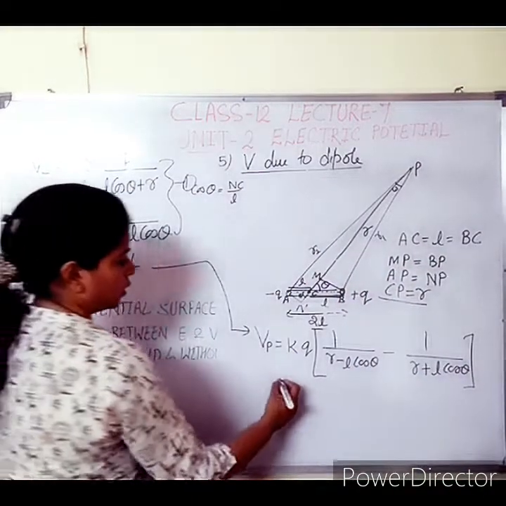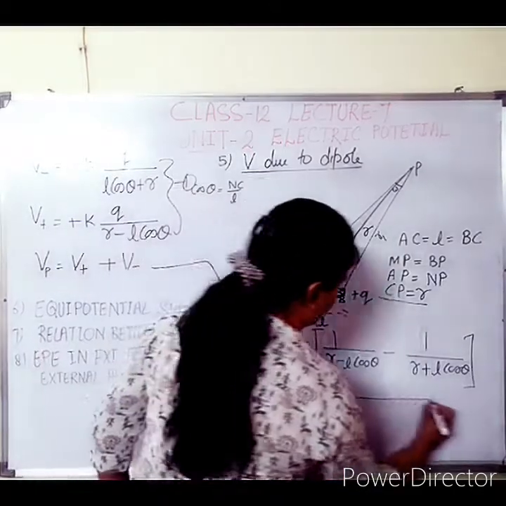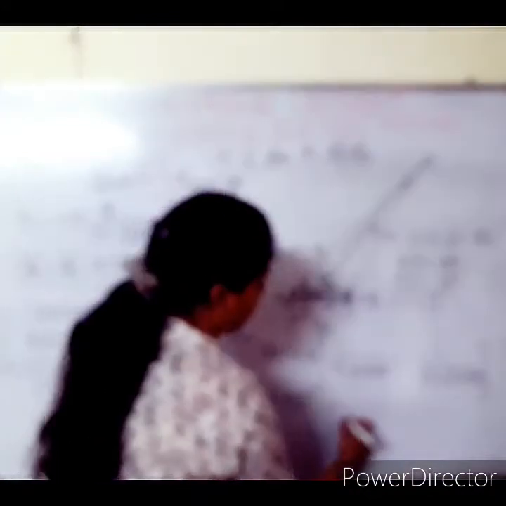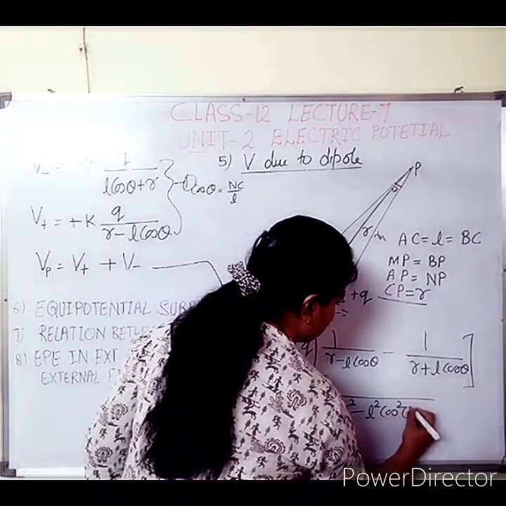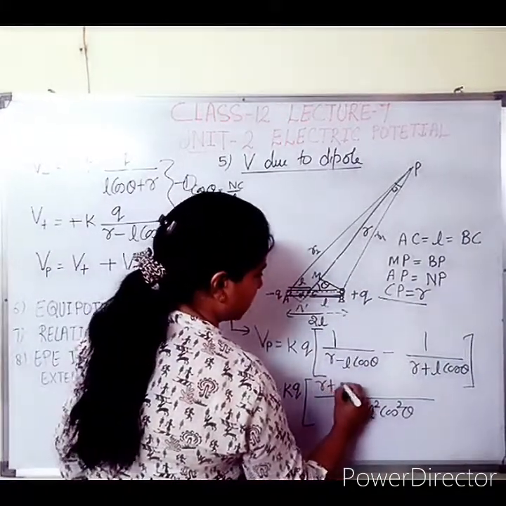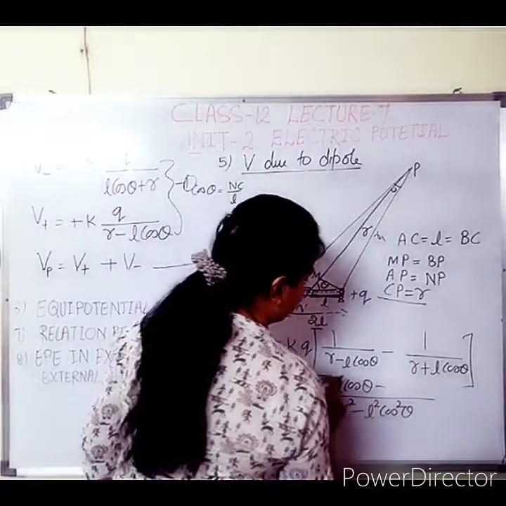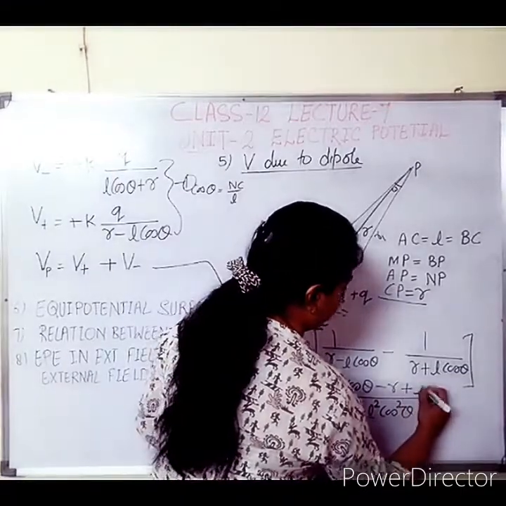Now steps are easy, you have to apply only mathematical terms here. So A plus B, A minus B, it will come as A square minus of B square. r minus L cos theta. So here it will come as r plus L cos theta minus of r minus will become plus L cos theta.